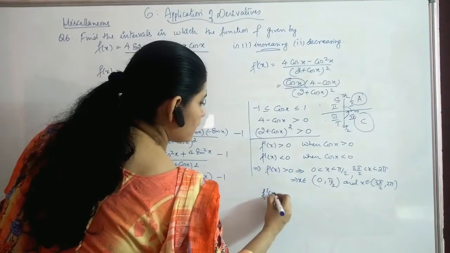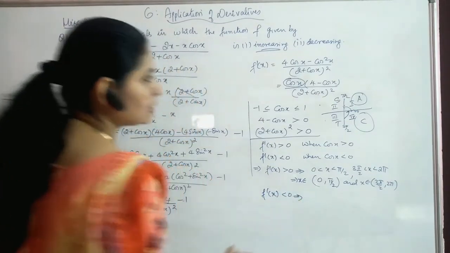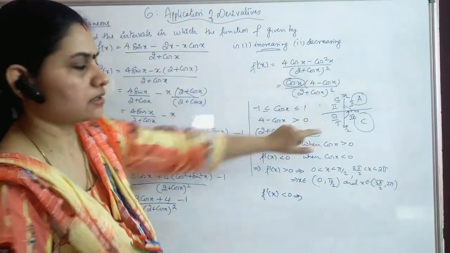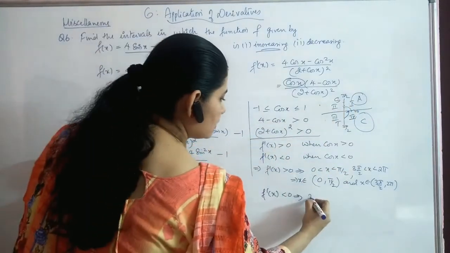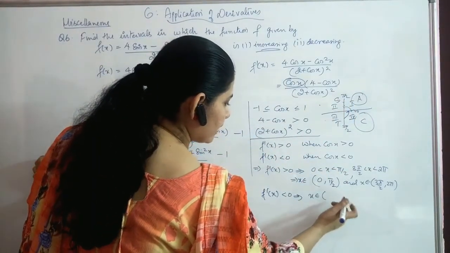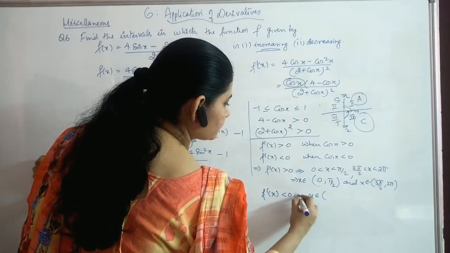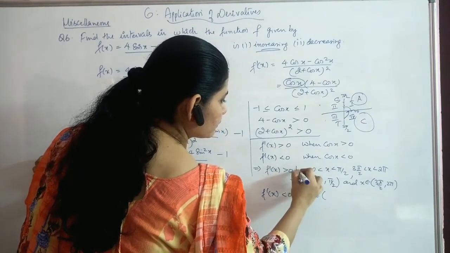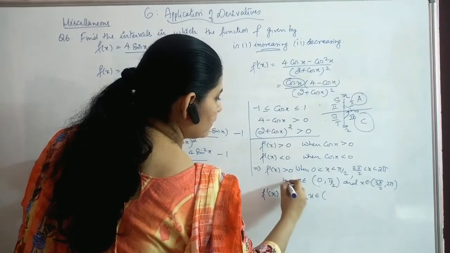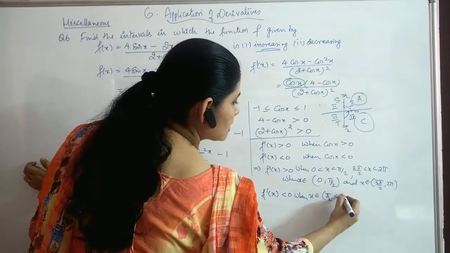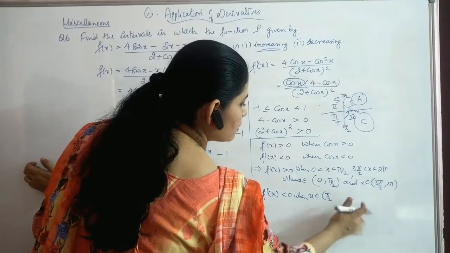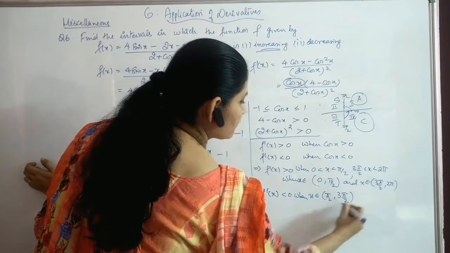Now f dash of x is less than 0 in the second and third quadrant. That means from pi by 2 to 3 pi by 2, when x belongs to the interval pi by 2 comma 3 pi by 2.